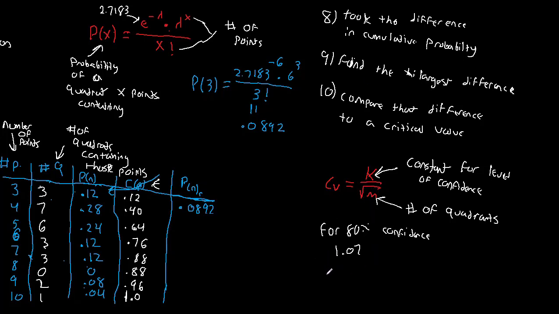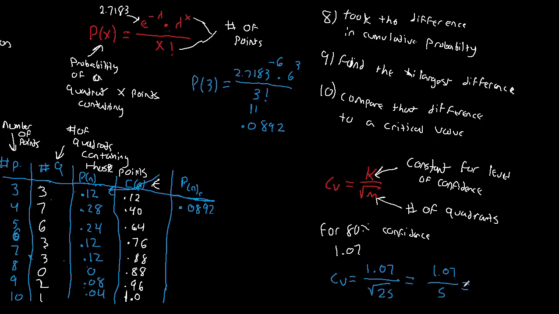So for our specific example, our CV is going to be equal to our K of 1.07 divided by the square root of our quadrants, which is 25, so 1.07 divided by 5.